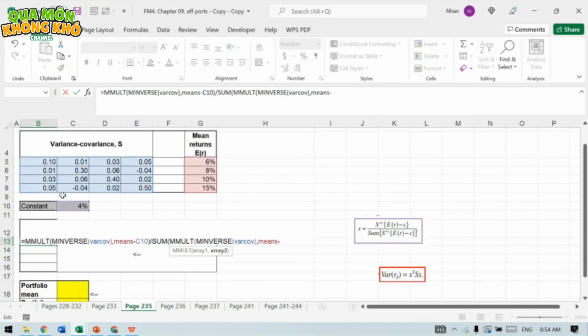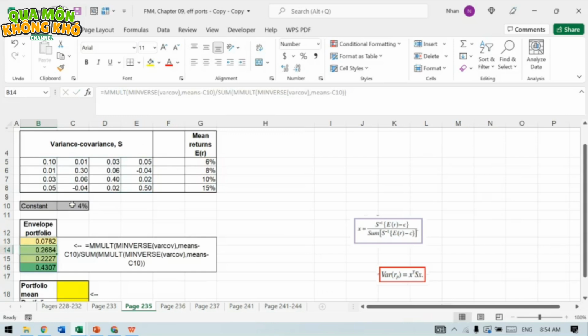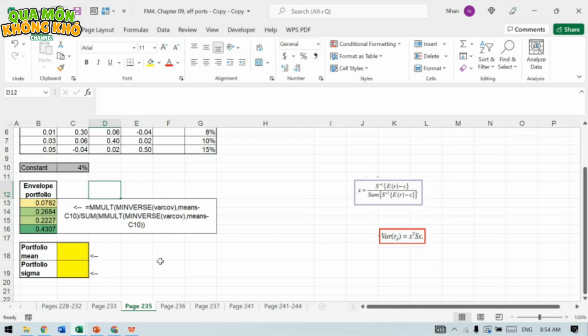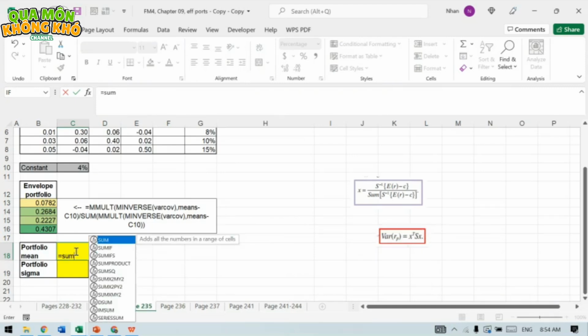Yeah, I have the similar result, but you can see it's easier for you to track the formula. So just the mean, I just do the same with the earlier sum product.